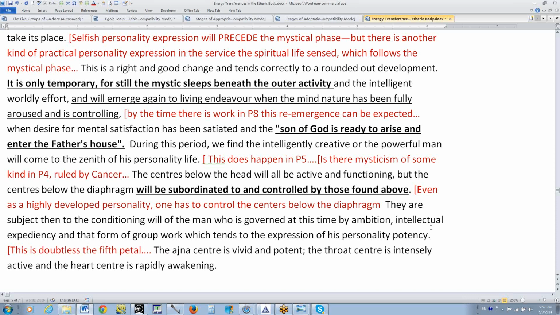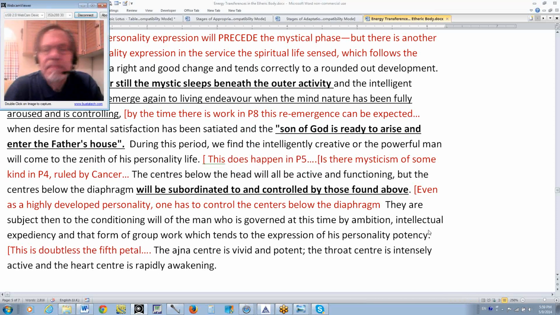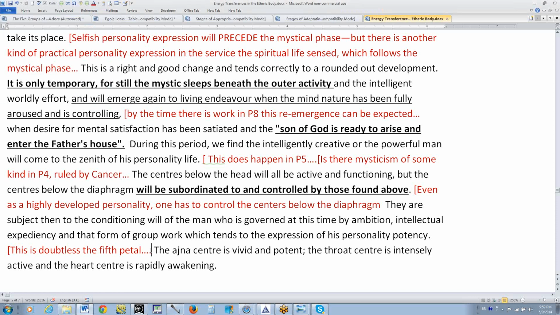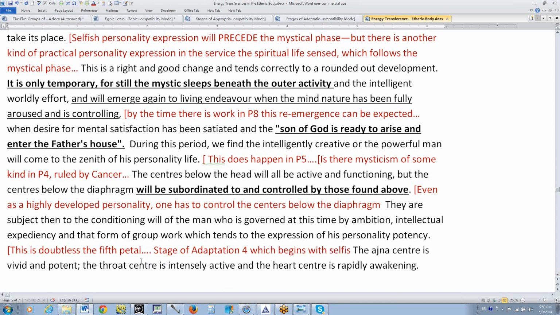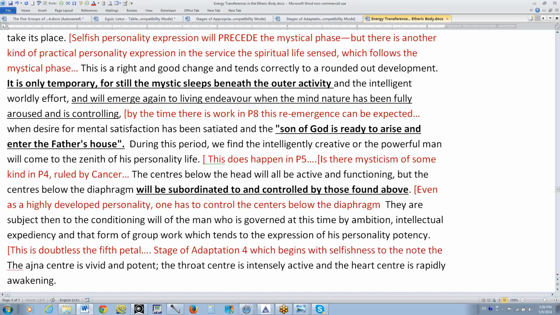And in terms of the stages of adaptation, it is stage of adaptation number 4. I'll put that in, STOA 4, which begins with selfishness to the nth degree.